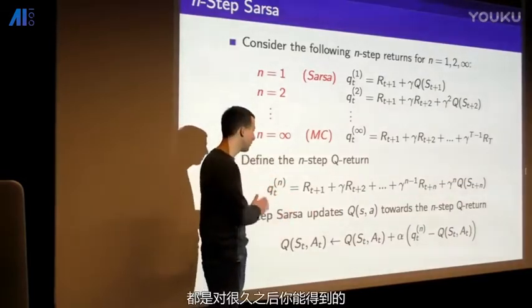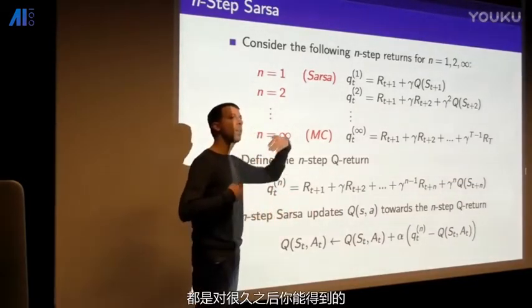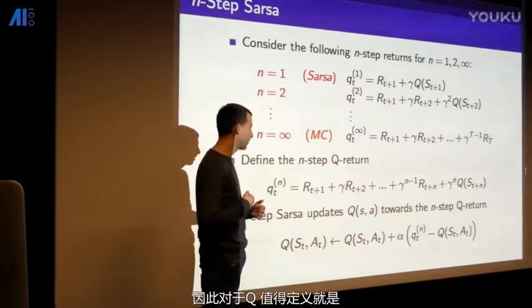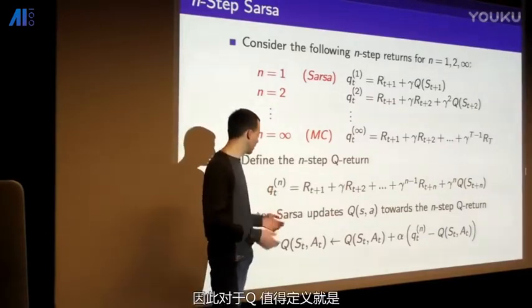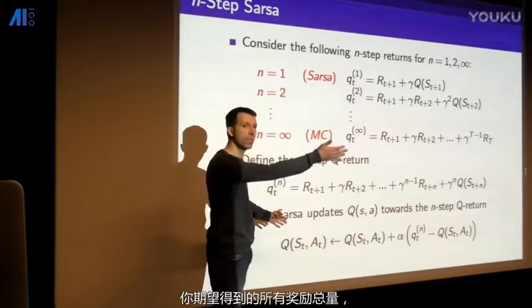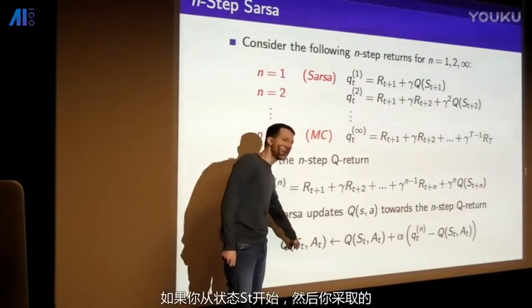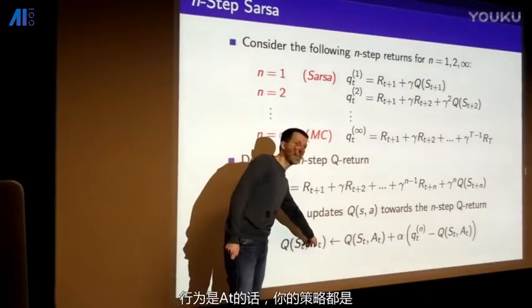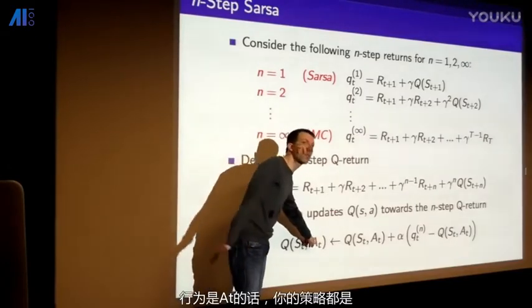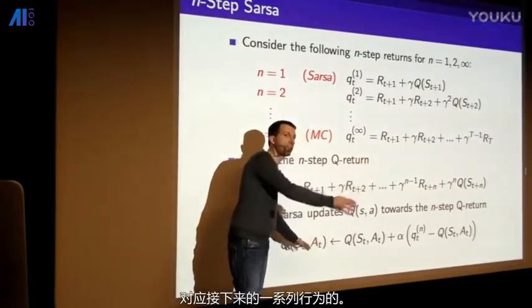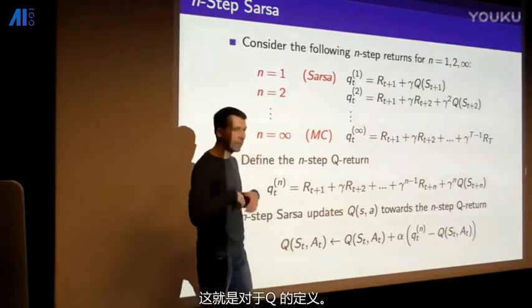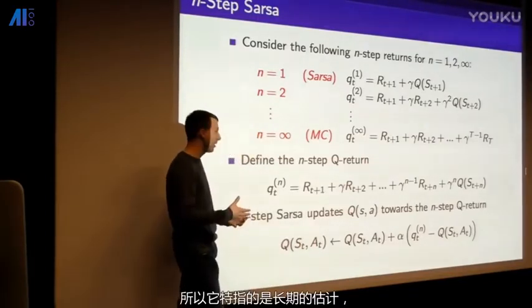All value functions, including V and Q, are long-term estimates of the amount of reward that you get. The definition of Q is the expected total reward that you get if you start in state S_t, and then you take action A_t, and then you follow your policy for all subsequent actions. That's the definition of Q. So it specifically is a long-term estimate.